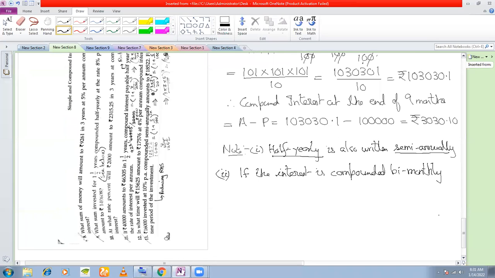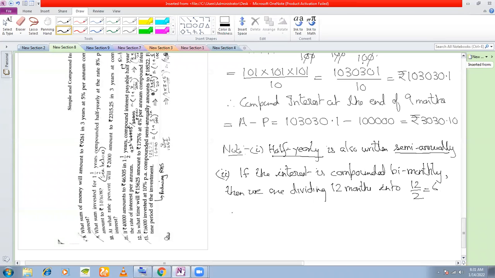Then we are dividing 12 months into how many parts? 12 divided by 2, because interest is being given every 2 months, so 6.